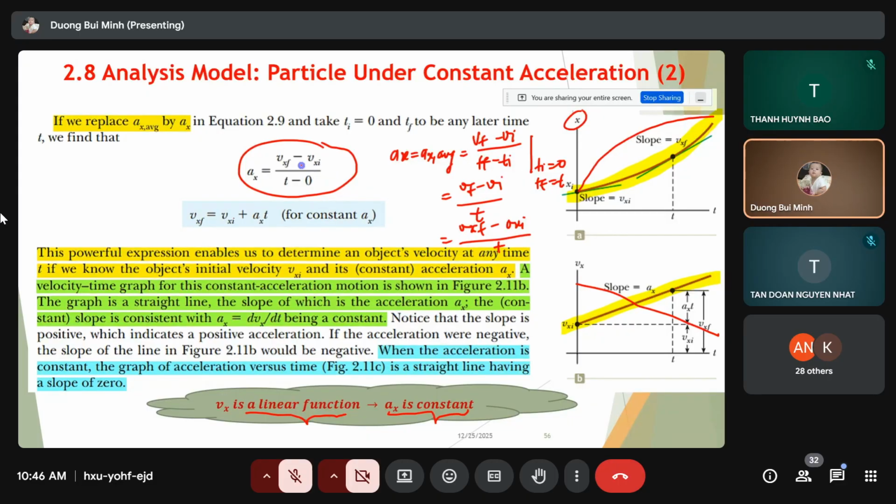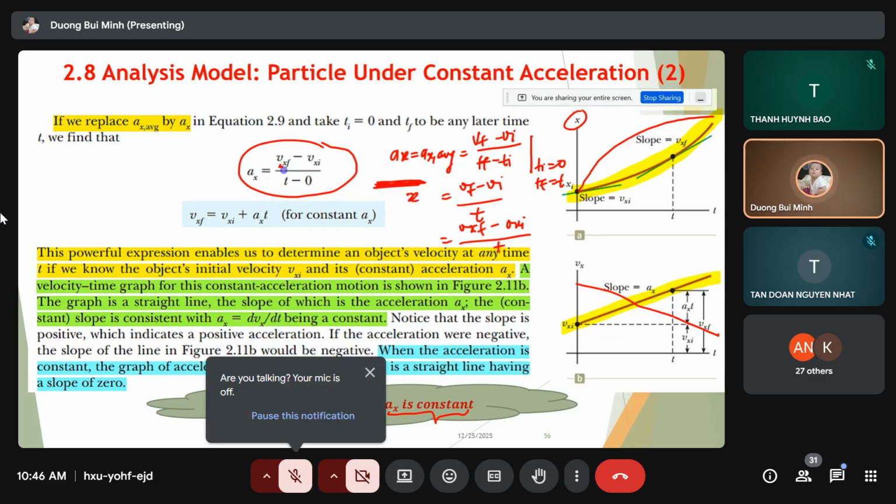Because the subscript x lets us know we follow the straight motion, we only follow the x-axis direction. So we have Ax is Vxf minus Vxi divided by T, and this is the first equation.